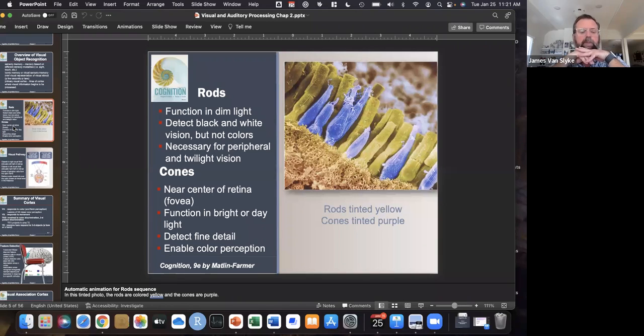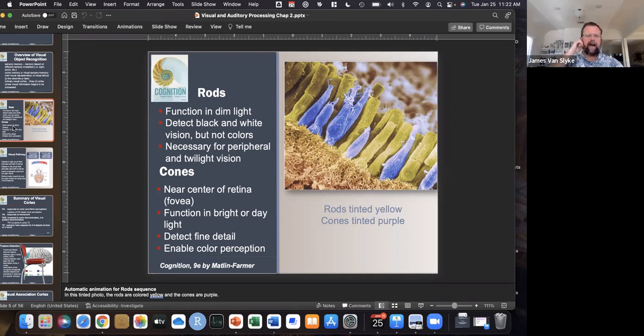Cones are much smaller, and they deal with much more detailed sorts of information. So rods are more your detectors, and cones are more for focusing. Cones are able to detect fine details, and they allow color perception. Rods function much better in dimmer light, and can detect what something is.